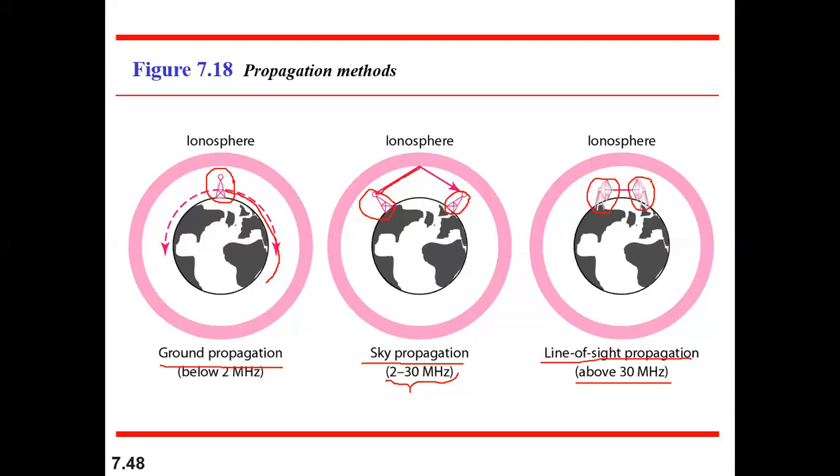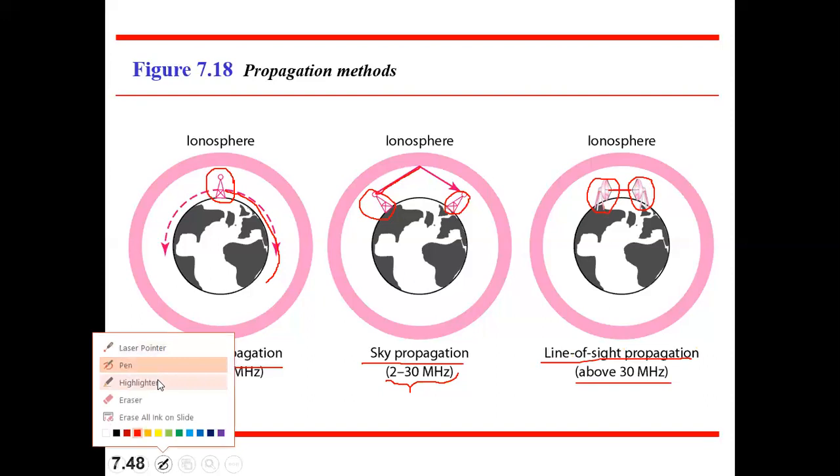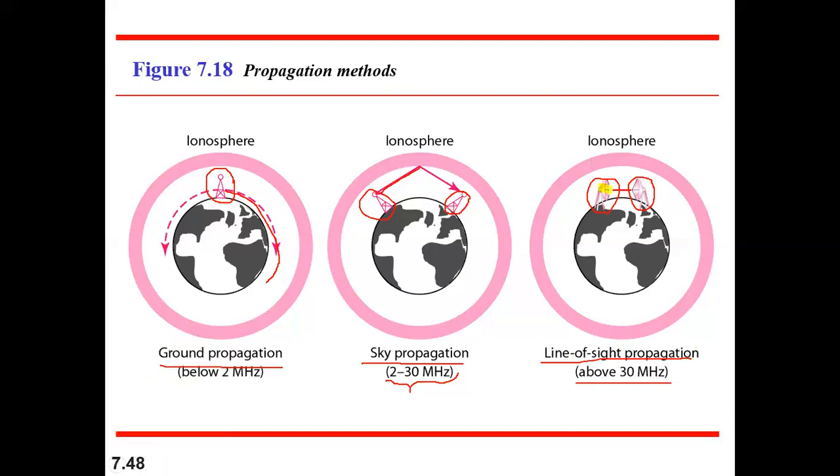That means they need to be in each other's sight, thus the name line of sight propagation. So the sending antenna sends the signal, and the receiving antenna, see, they are faced towards each other. I'm just going to highlight this portion. The sending antenna over here and the receiving antenna over here, they're faced towards each other. So for this propagation method, they have to be in each other's line of sight, and this is done for extremely large frequency signals.